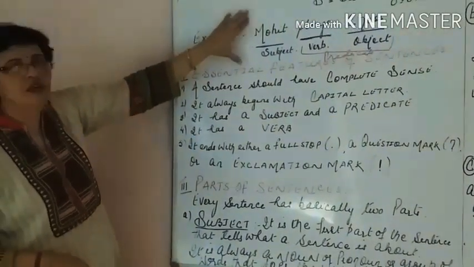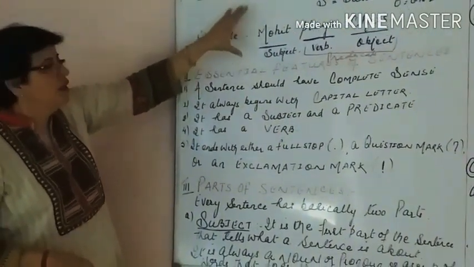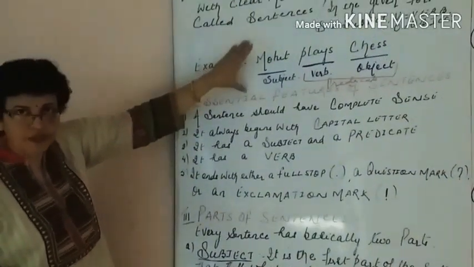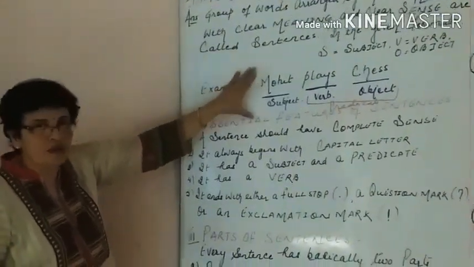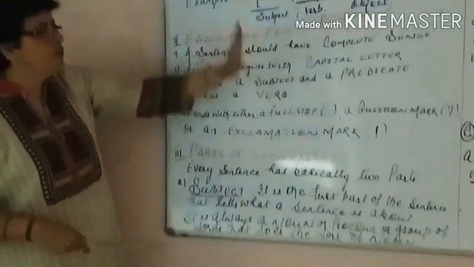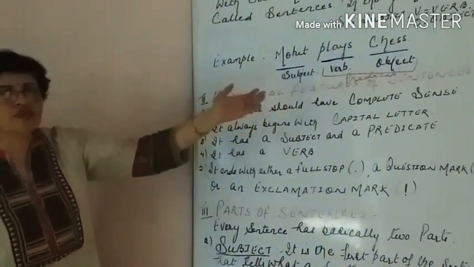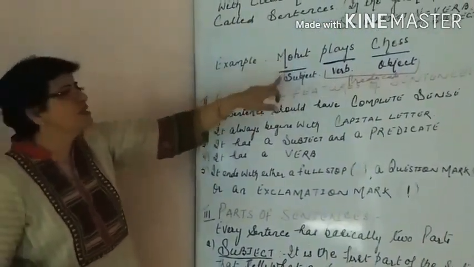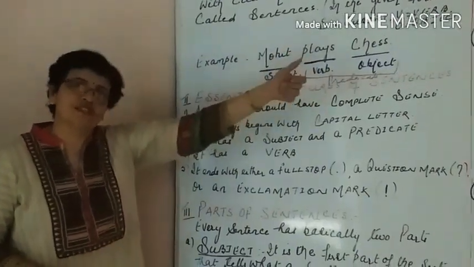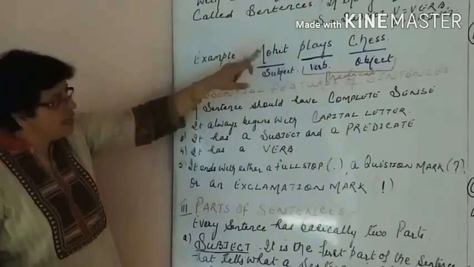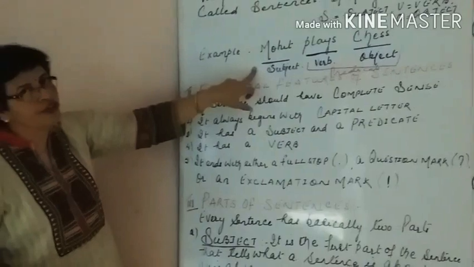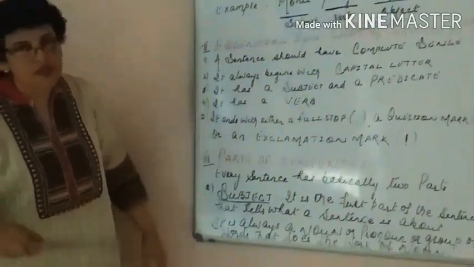And here we have taken a person, a student named Mohit, so he is a noun. What are pronouns? The words which are used in place of nouns. Like suppose I use it, he plays chess. He is a pronoun, and he will be a subject also. I hope it is very clear to you now.